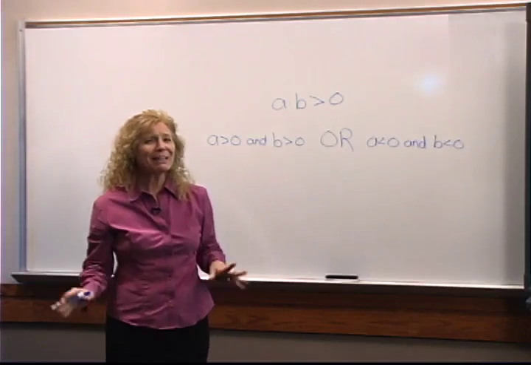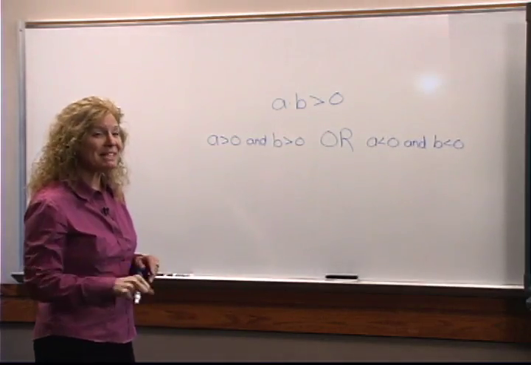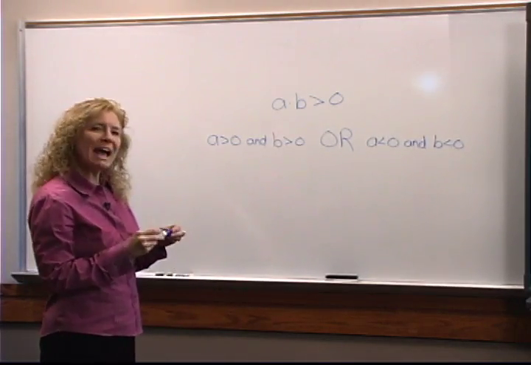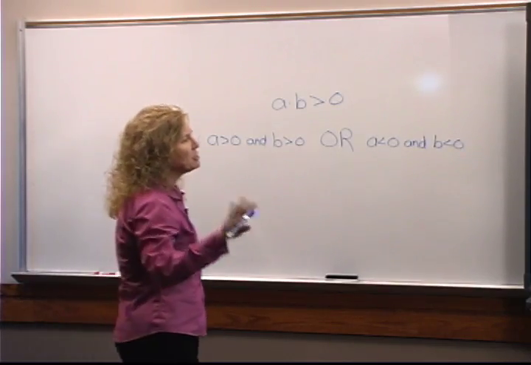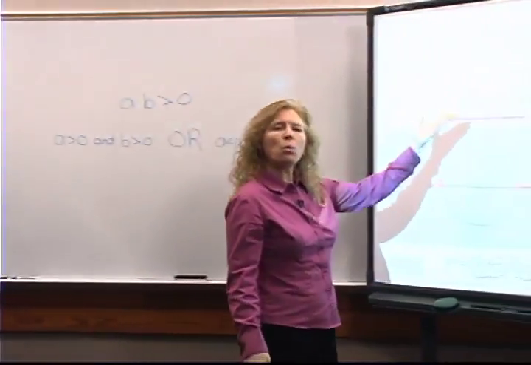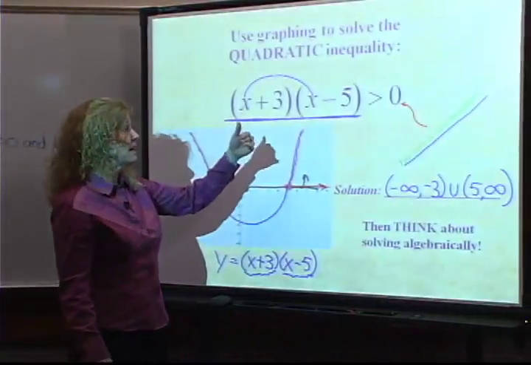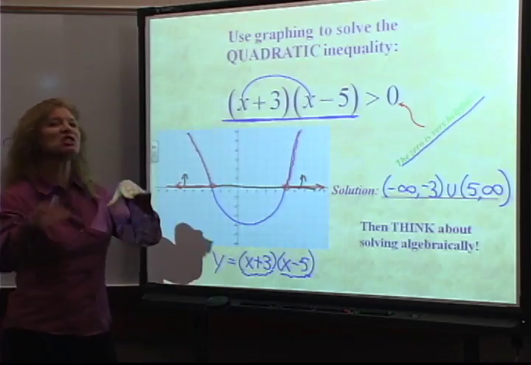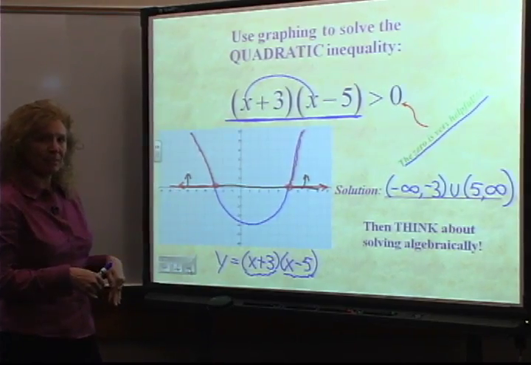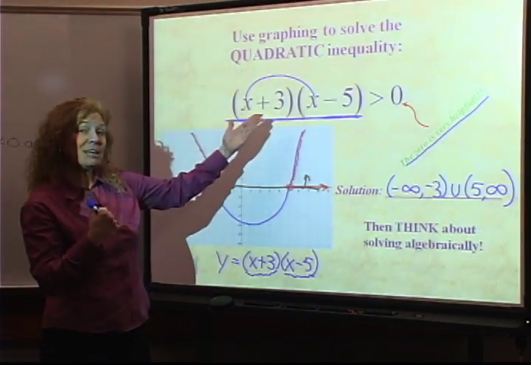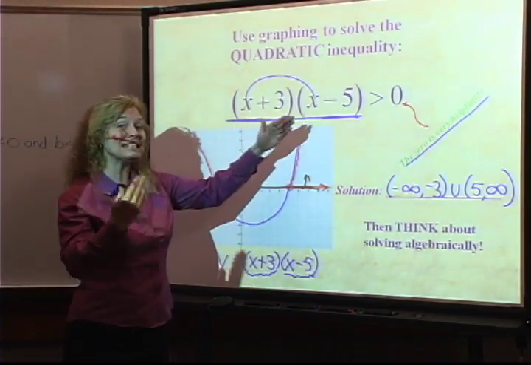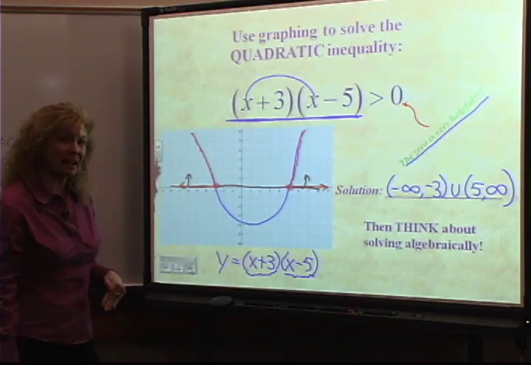Okay, so back in the old days when I was in algebra class, we actually would have to set up these two cases. And we'd have to consider, well, when is x plus 3 positive and x minus 5 also positive? Then we had to consider the other case. When is x plus 3 negative and x minus 5 also negative?